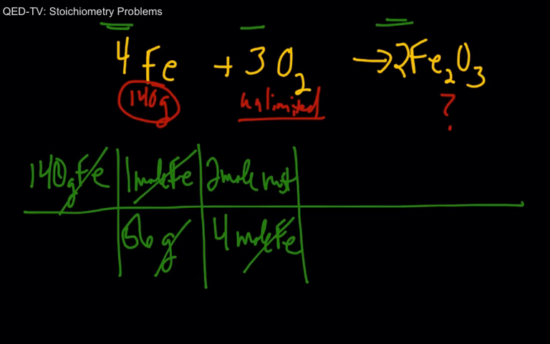And so now all I need to do to figure out how many grams of rust I'll be able to make is to convert from my moles of rust back into grams. What's the molar mass of rust? You'd have to add that up, and you'll see that it's 160. Keep in mind, when I add up the molar masses, I'm not including the coefficient.